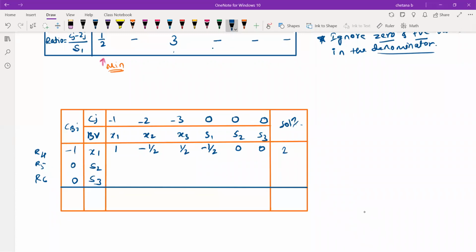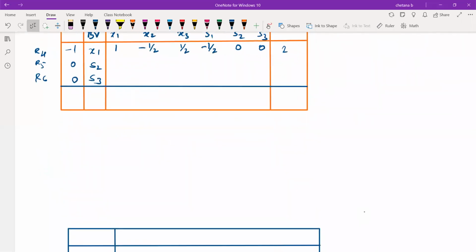Then comes R5. To find R5, you have the equation: old value minus key column value multiplied by R4.